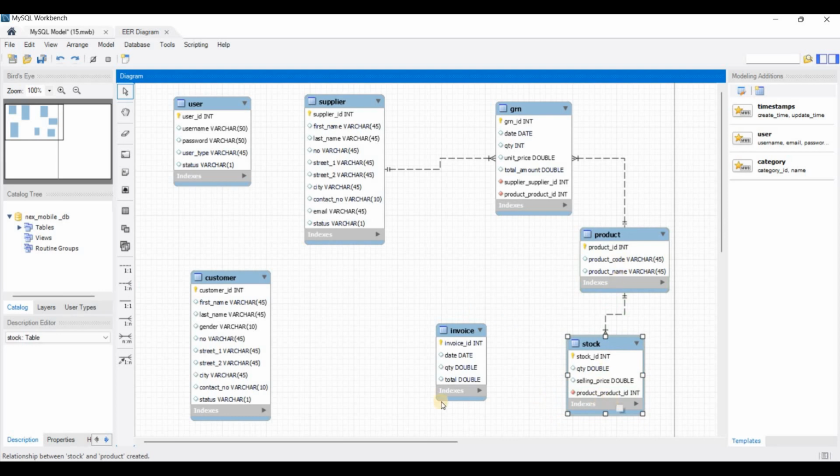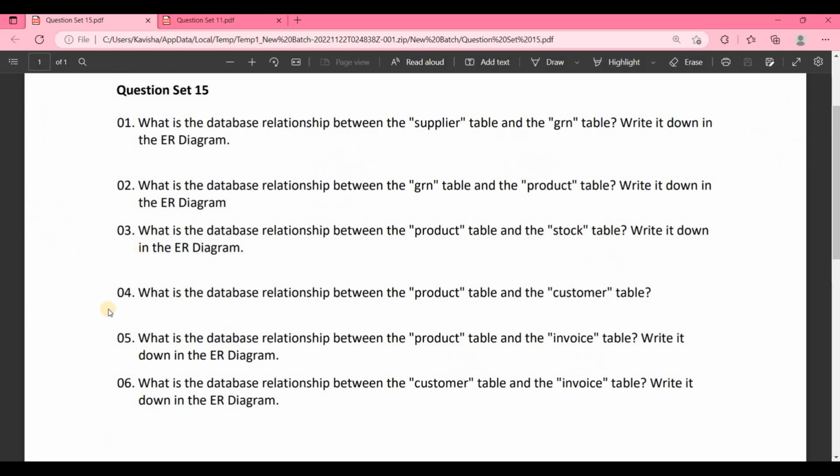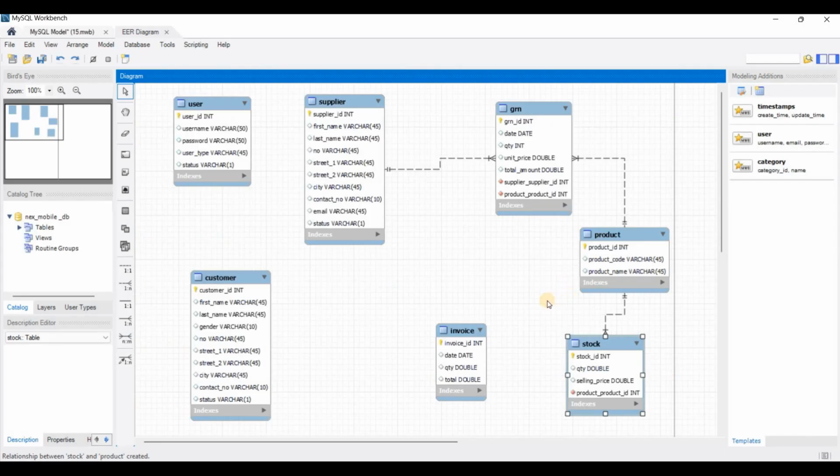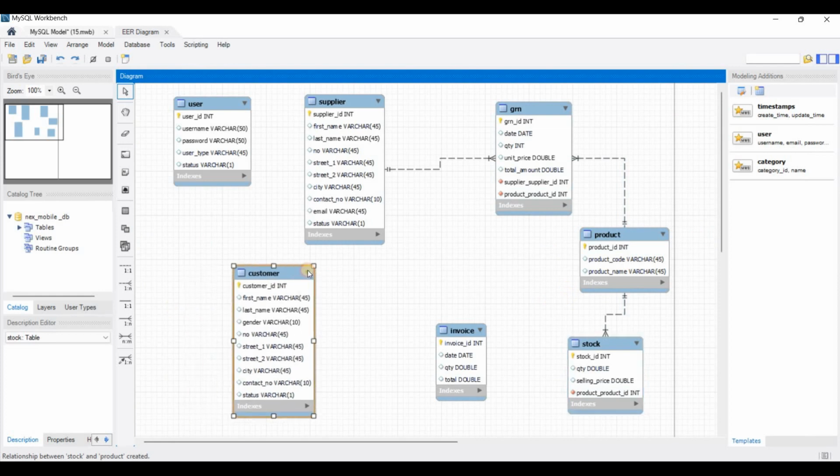Let's see the next question. In the fourth part, what is the database relationship between the product table and the customer table? We want to make the relationship between product table and the customer table. Here's the customer table. When we get a customer, he can purchase one or more products.